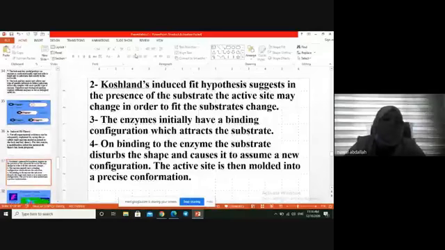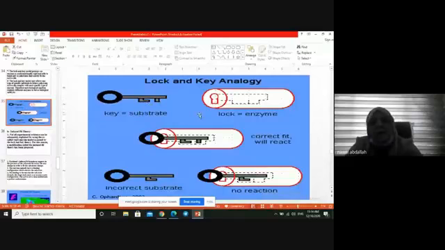The induced fit theory was proposed by Koshland. His induced fit hypothesis suggests that in the presence of the substrate, the active site may change in order to fit the substrate. In lock and key, there is no change in the shape of the active site of the enzyme.